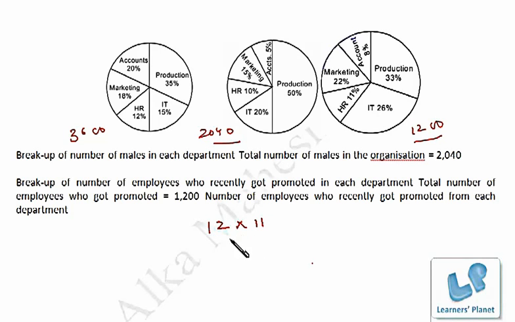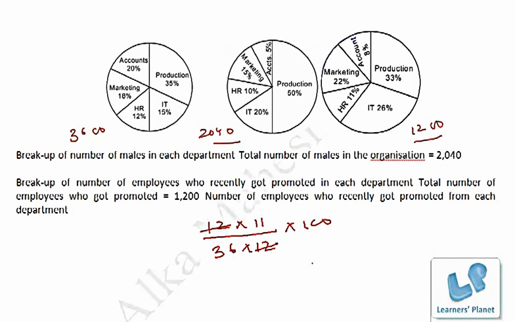Now we have to find out the percentage of this from the total number of people working in the HR department. So that's 12% of 3,600. So that's 36 into 12, right? So the calculation is going to be very simple. It's 1100 by 36. But since we have to find 2 digits after decimal, let's see which option matches, right?